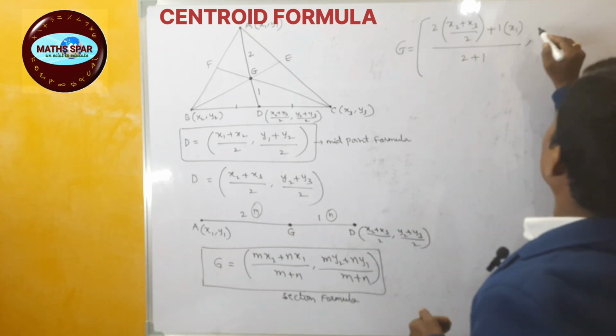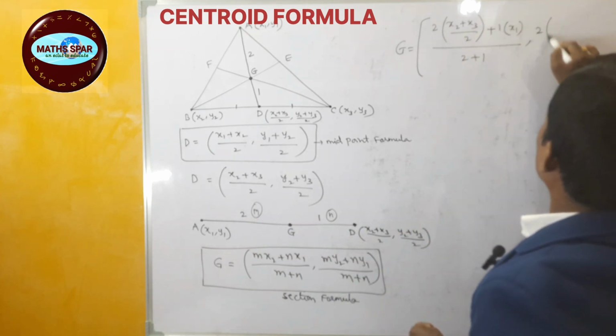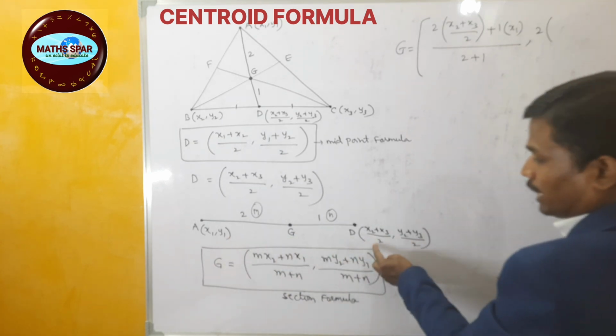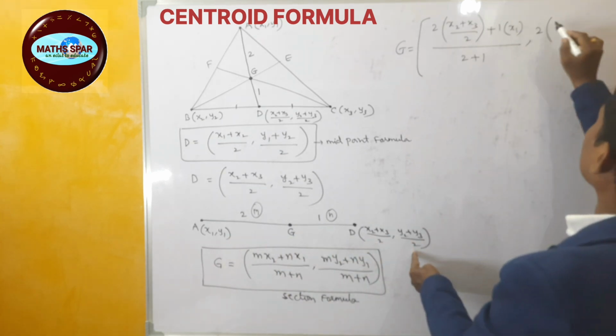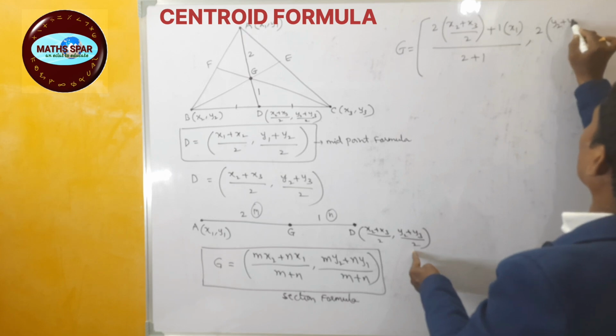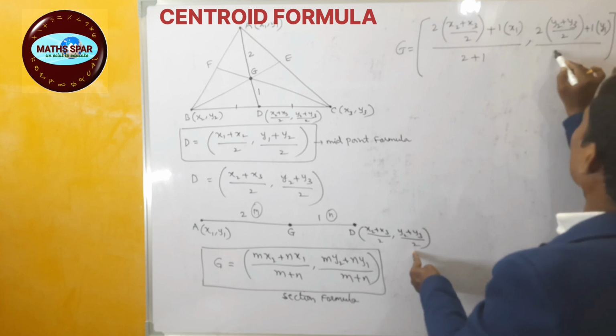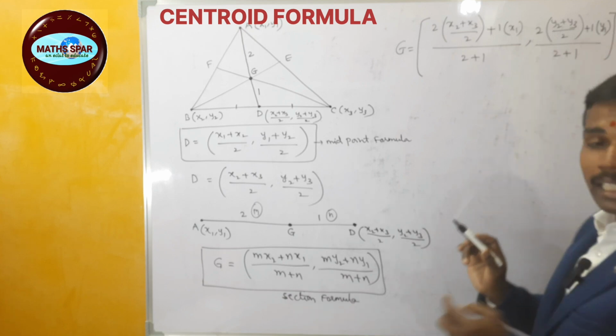Then 2 into y2, that is m into y2. y2 is y2 plus y3 by 2, plus 1 into y1, whole divided by 2 plus 1.